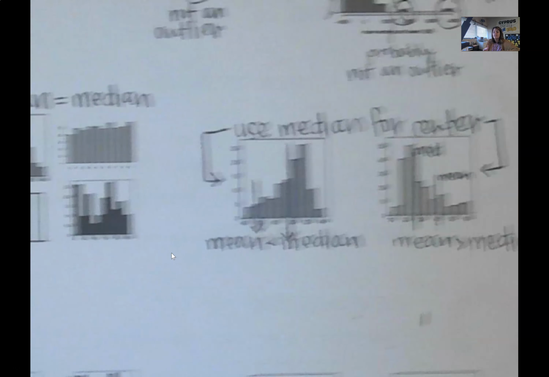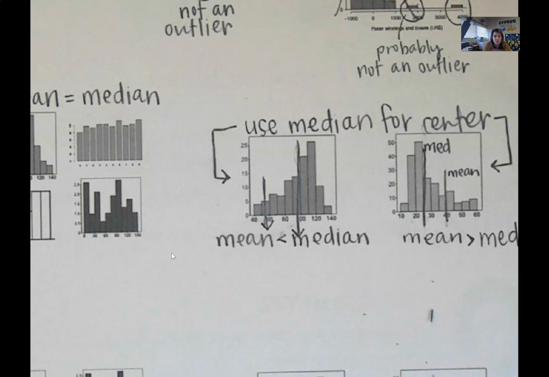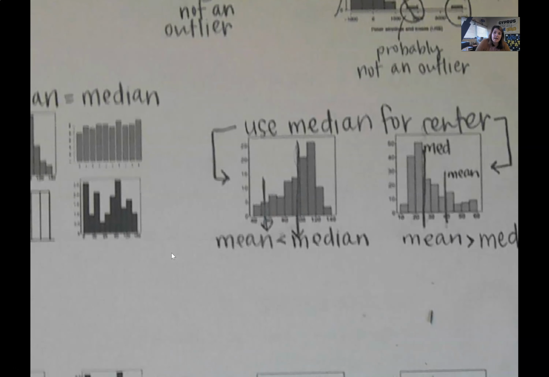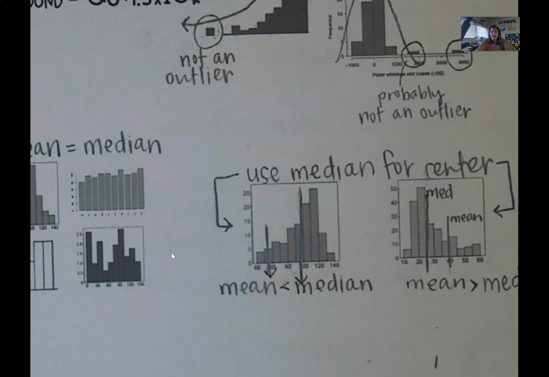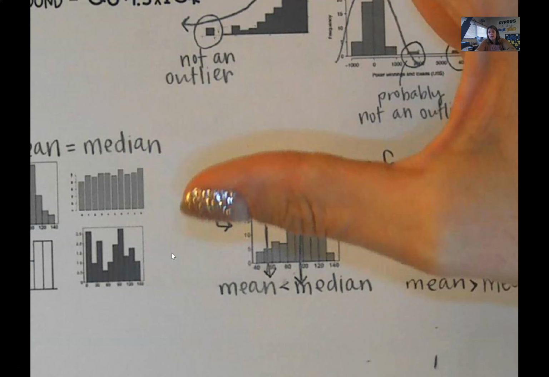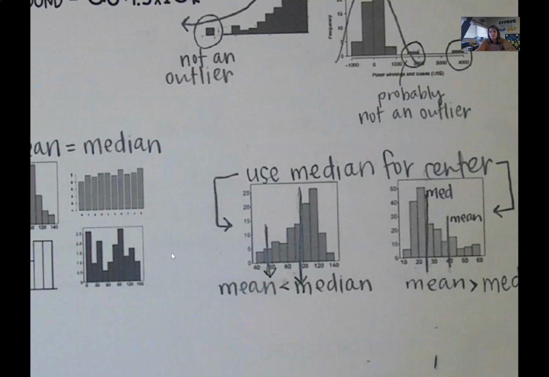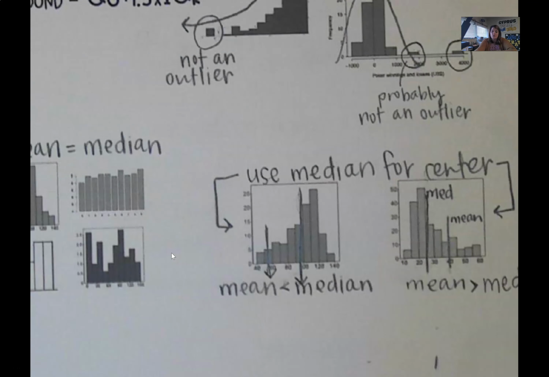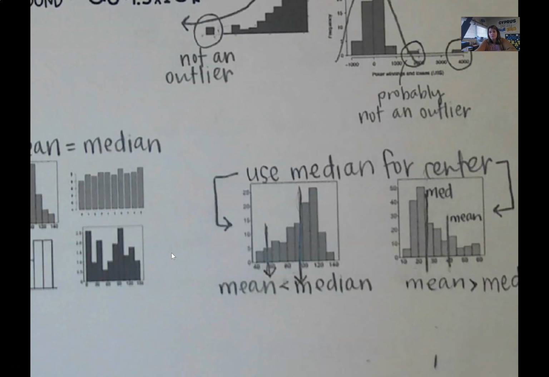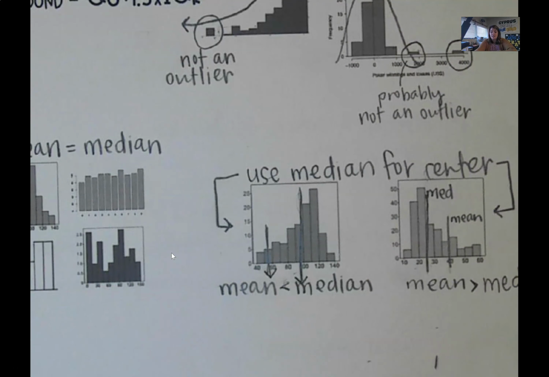So the biggest takeaway from what I have just been discussing is that if you have a skewed data set or if you have outliers, those values are going to drag your mean in the same direction. It's like a magnet. It's going to drag the mean farther away from where the rest of the data is, or farther away from the typical values.